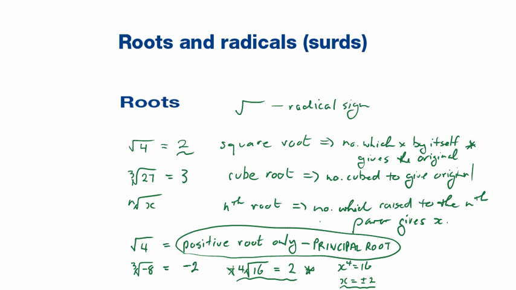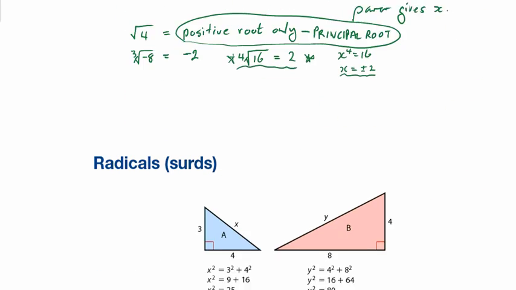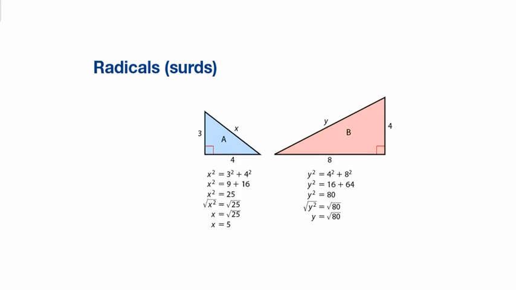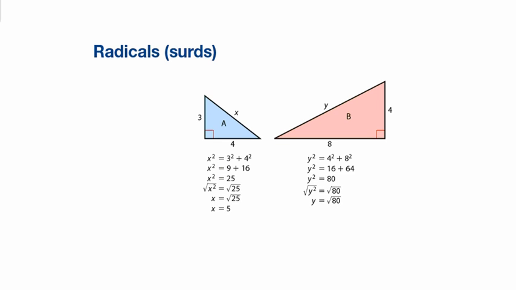Sometimes, however, you can't work out that root. Here are a couple of examples where we use the radical sign. Again, we're reminded that an expression involving the radical sign is called a surd. Usually we'll try and work it out, but can we always?